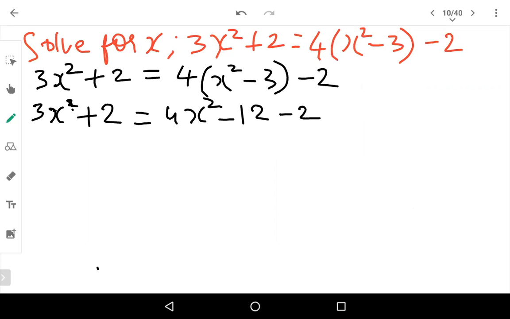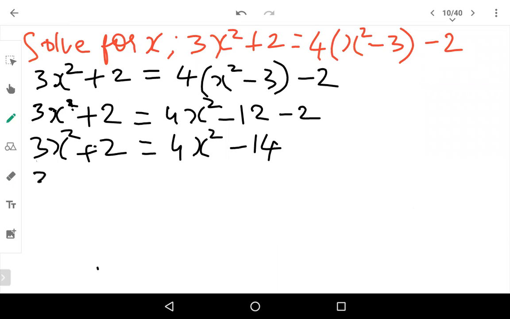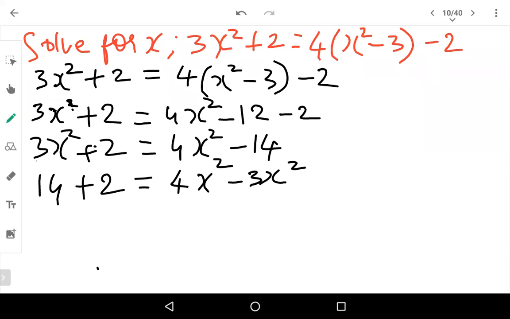So next I'll simplify the other side. 3x square plus 2 is equal to 4x square minus 14. So I'll get 14 to this side. 14 plus 2 is equal to 4x square minus 3x square. Okay, the answer is plus or minus 4.